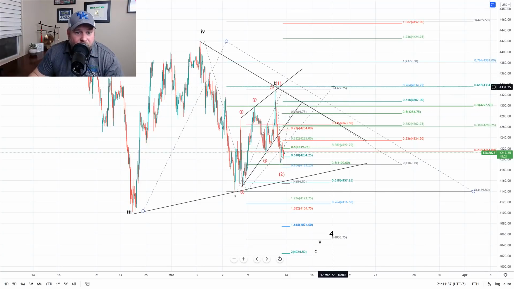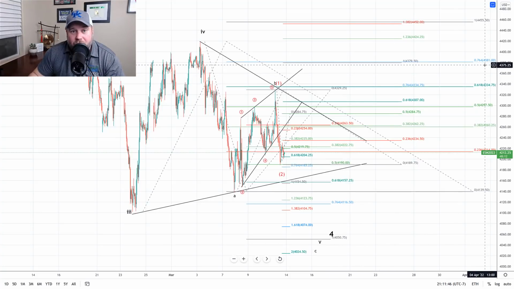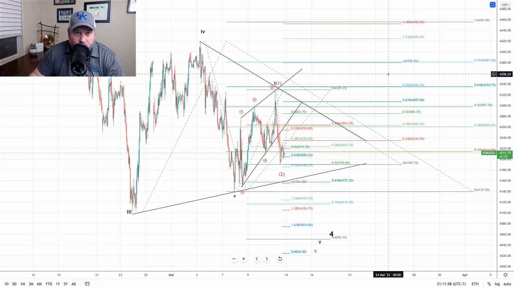So if we see a push over 43.35, that means it's in the minor pivot and it's over the micro pivot. And then we would want to see a push over 43.81 from there to really give us a strong confirmation that we're in wave 3 of 3. Okay. And then that pivot becomes support. All right, so that 43.81 area back down to 43.35, once they push through that, that becomes support on the way down.